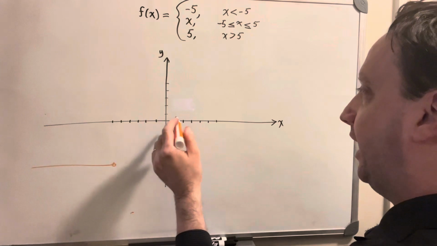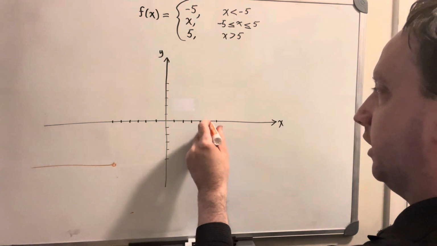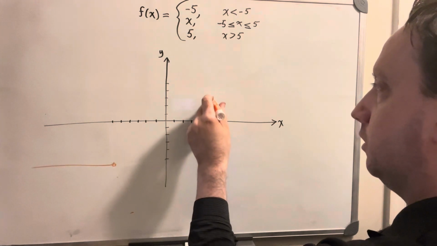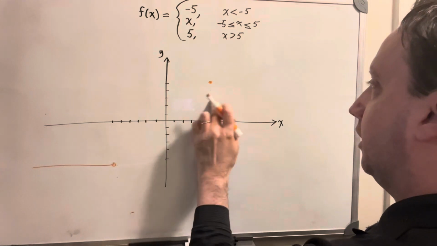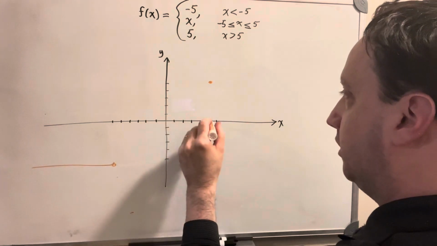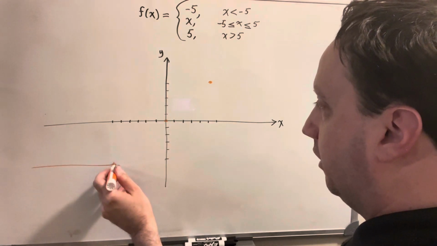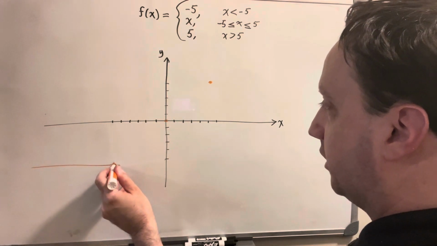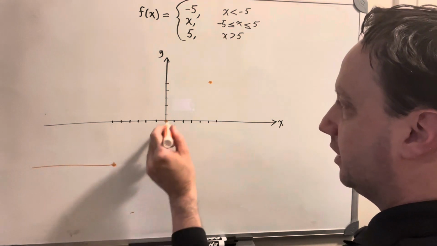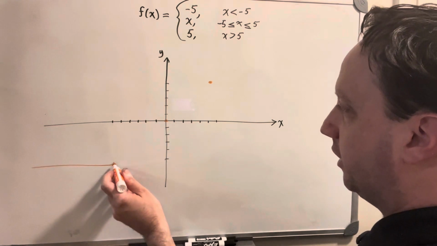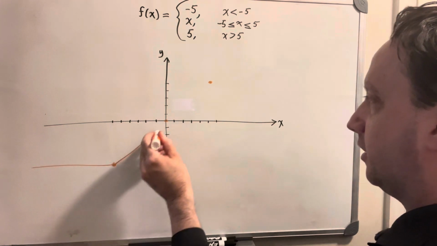So at 5, 1, 2, 3, 4, 5, the function has the value 5, right? At 0, it has the value 0. At -5, it fills that hole because it is the same value, -5. So every continuous value in between, it's like this.